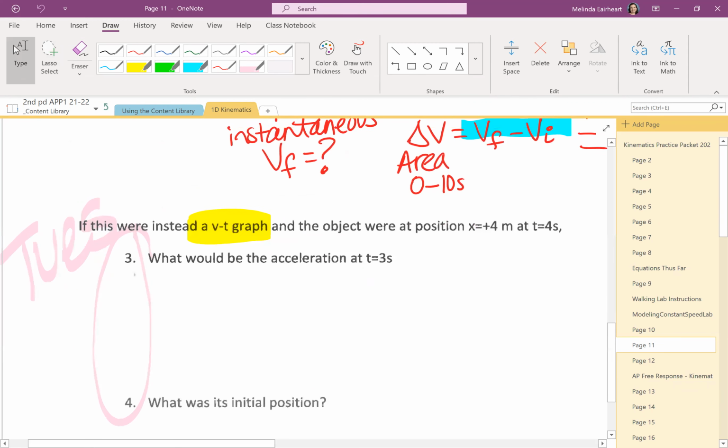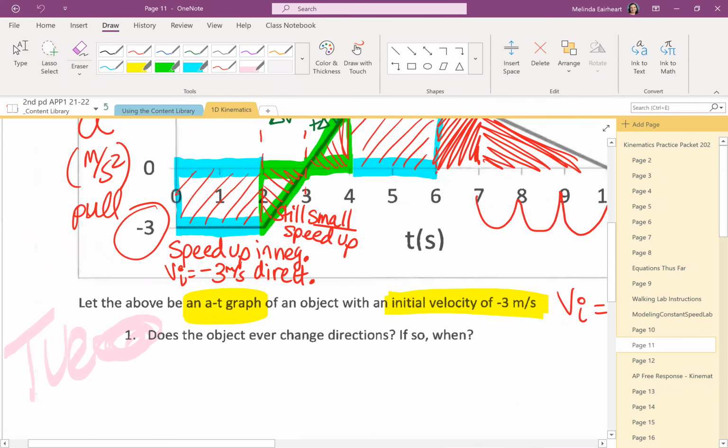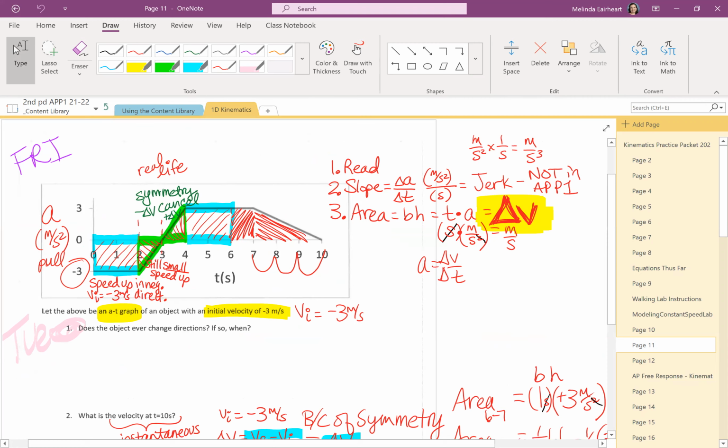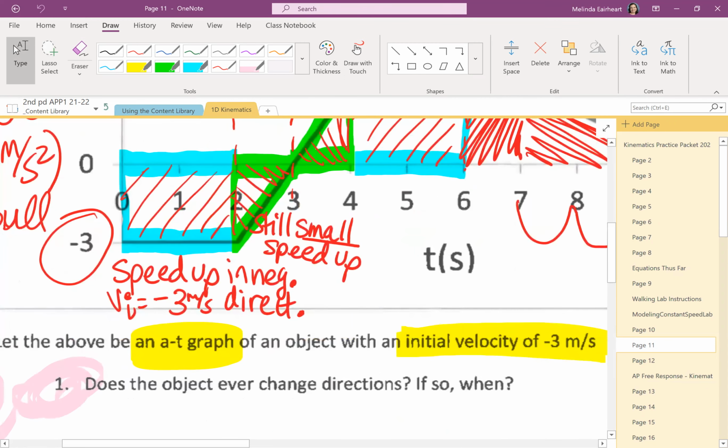And we said that because you originally were going in the negative direction and someone pulled you in the negative direction, there was a speed up, right? First 2 seconds. And that's quite a bit of speed up if you look at the shape of that rectangle, right? Look at area, because area gives us a change in velocity when it's an acceleration time graph.